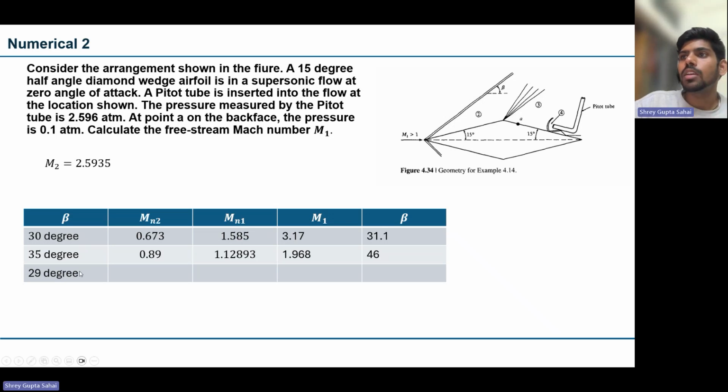So actually, the actual value comes around 29.2. So let me guess that directly.